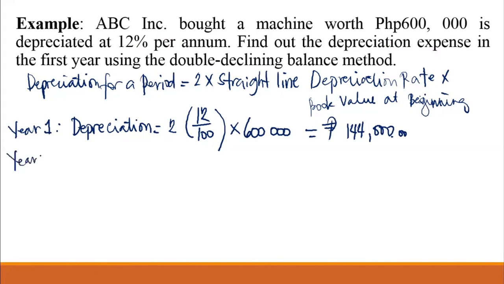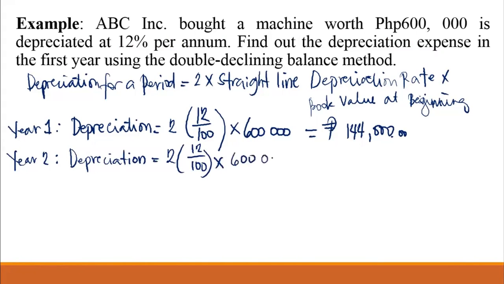So next is year 2. Year 2. So gaano kalaki yung pag-depreciate ng machine? So double declining siya. 2 times 12 over 100 times yung 600,000 minus yung depreciation dun sa year 1, which is 144,000.